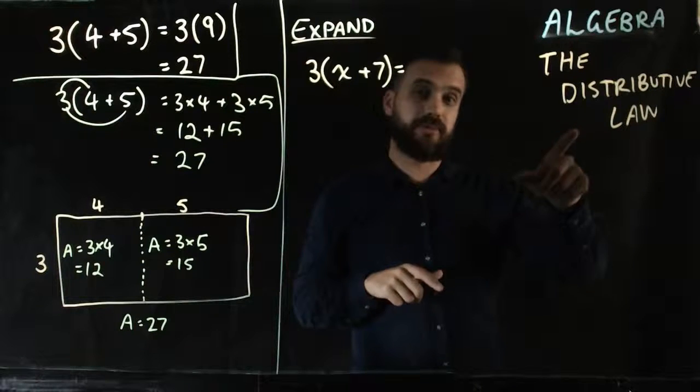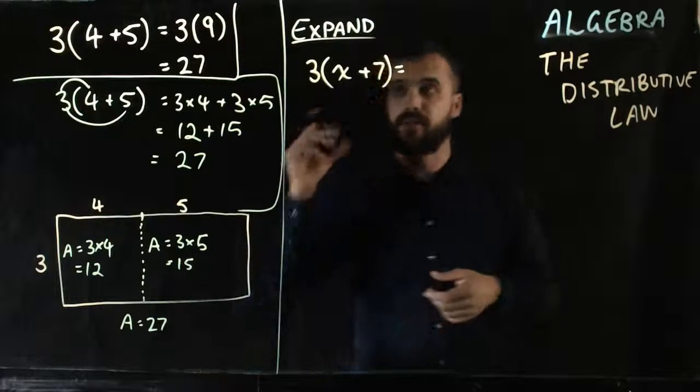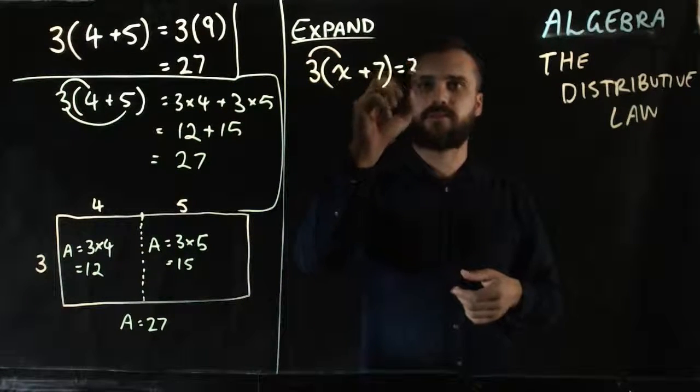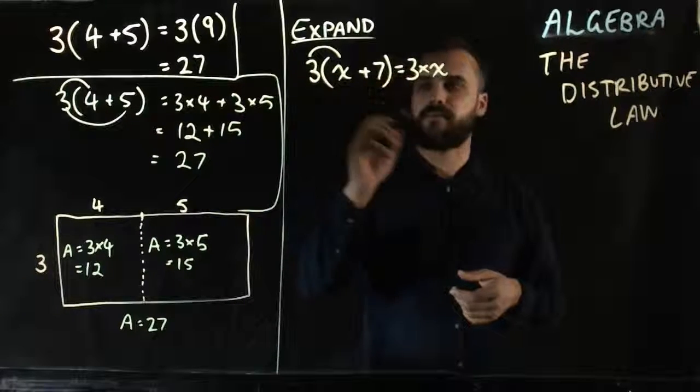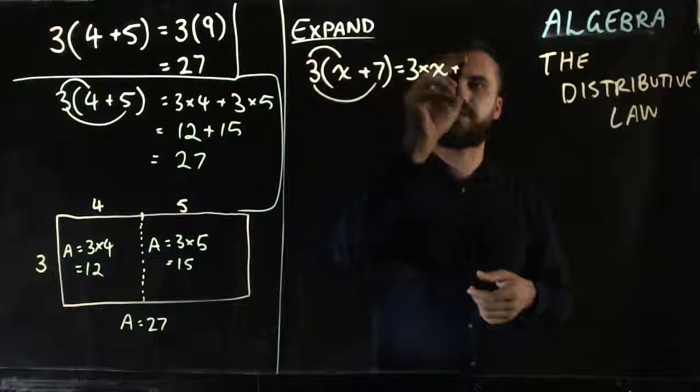That's our distributive law. And if we do that, we can expand our brackets. Let's try it. 3 times x plus 3 times 7.